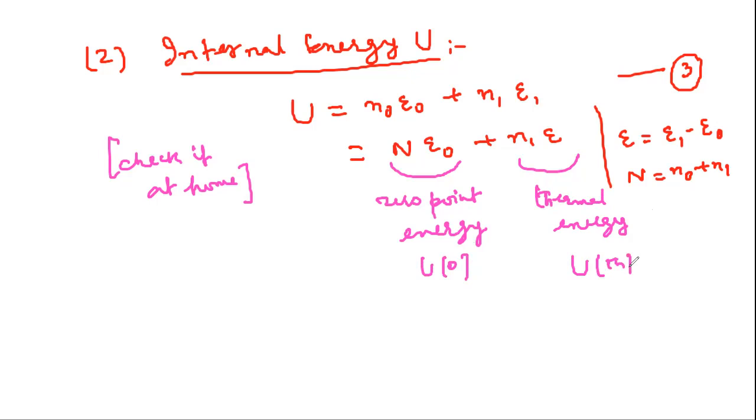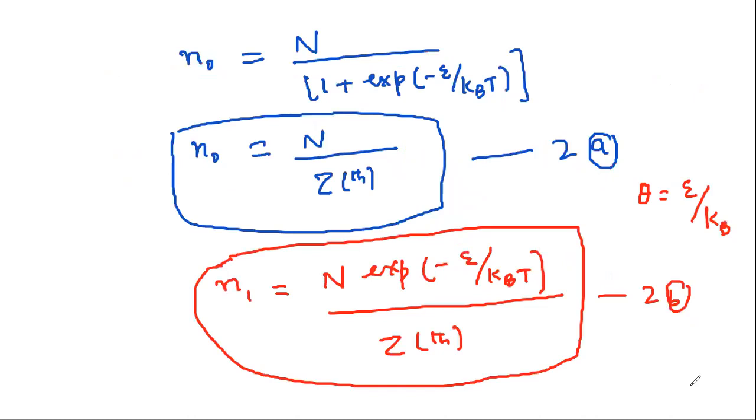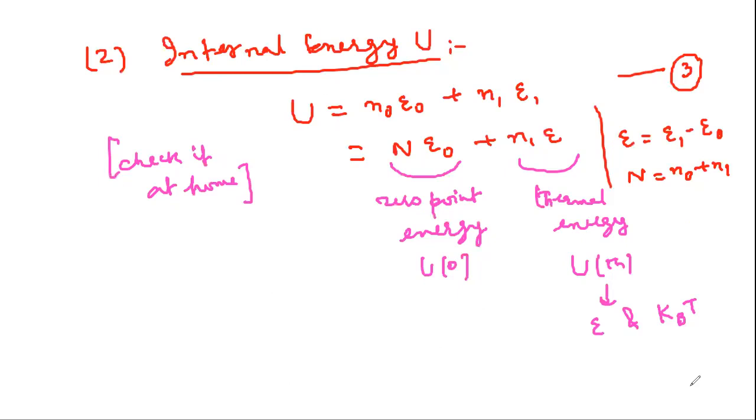And this U thermal depends on the energy level spacing epsilon and kBT only, because it contains N1, and N1 from equation 2b depends on these two things, right?